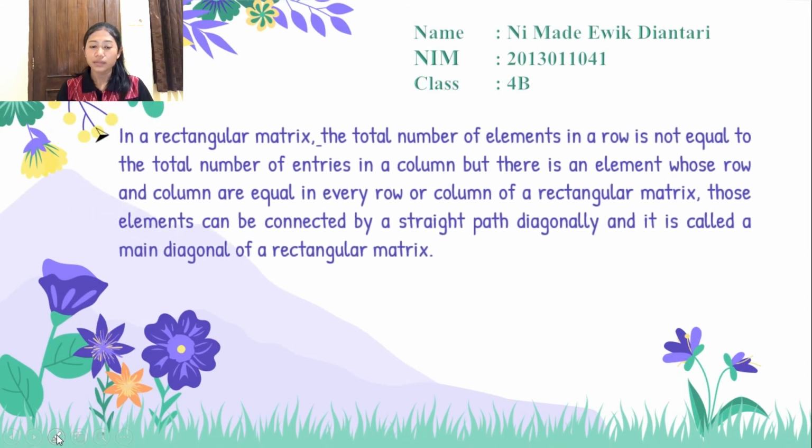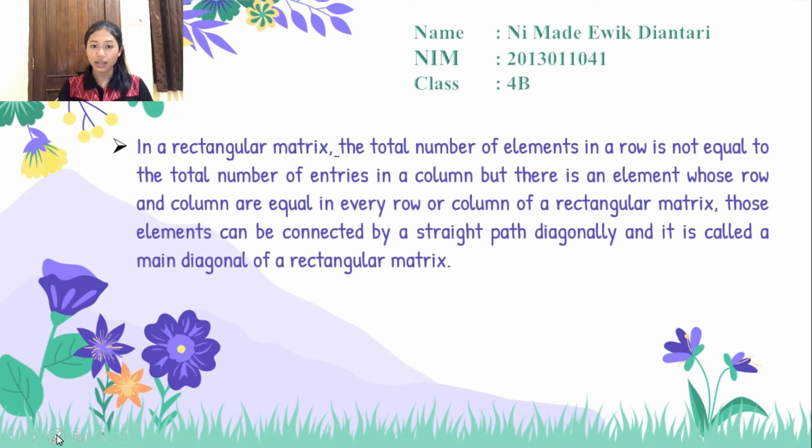In a rectangular matrix, the total number of elements in a row is not equal to the total number of entries in a column, but there is an element whose row and column are equal in every row or column of a rectangular matrix.